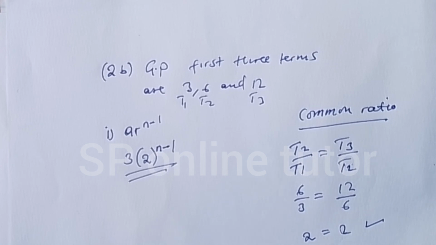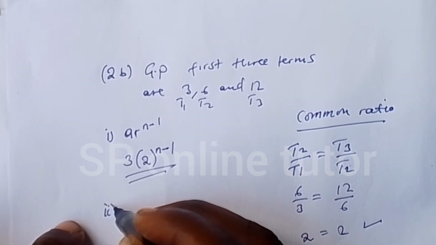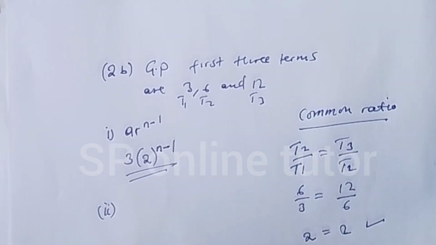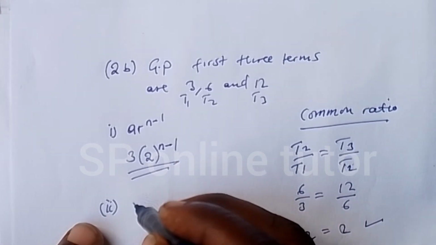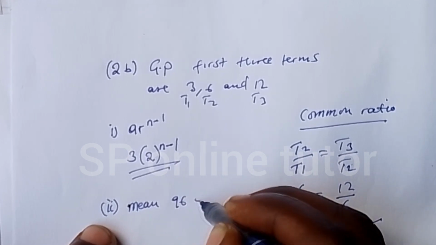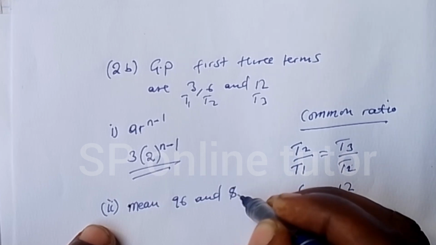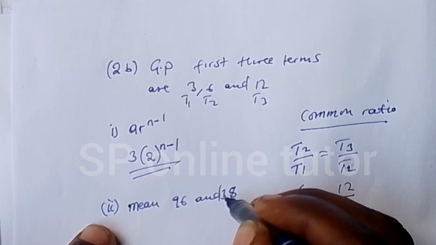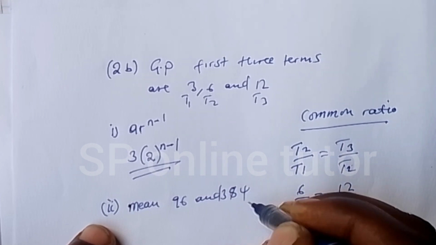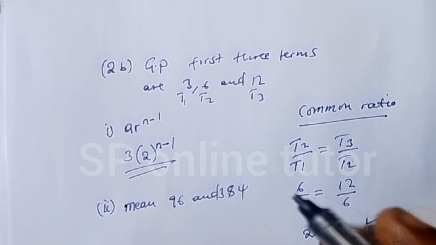Now let's move on to Roman numeral 2, in which they wanted us to find the geometric mean of 96 and 384. So here what they want is for you to indicate the letters.